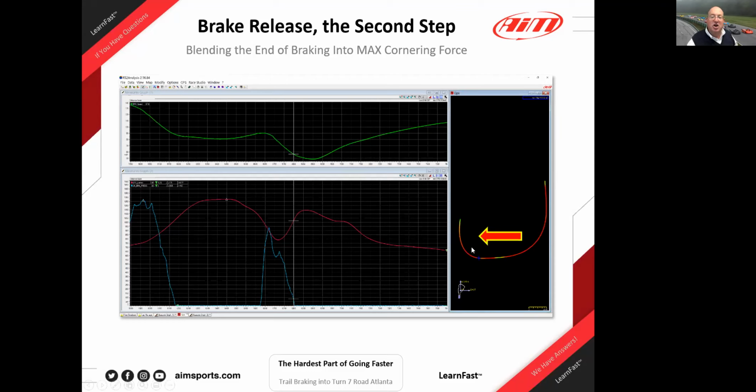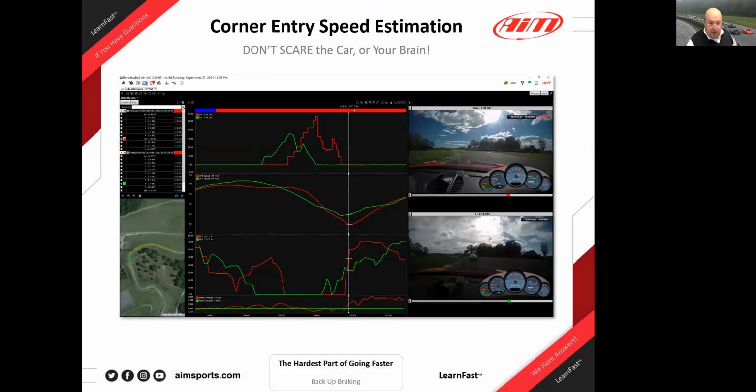Here we're looking at the southern end of Road Atlanta, the slowest corner on the track, turn 7. And you see a very quick attack and high brake pressure initially, and then we see it bleeding off as they turn into the slowest corner and head down the back straight. So trail braking into turn 7 at Road Atlanta. It's super, super nice to have this.